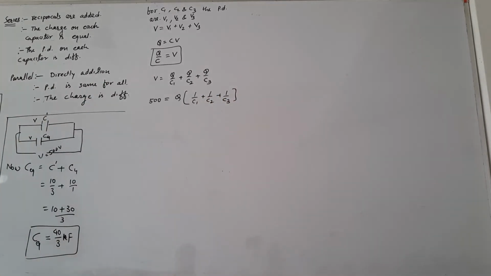So friends, you have the same thing over here, and the value of 1 upon C1, 1 upon C2 and 1 upon C3 is 10 upon 3.